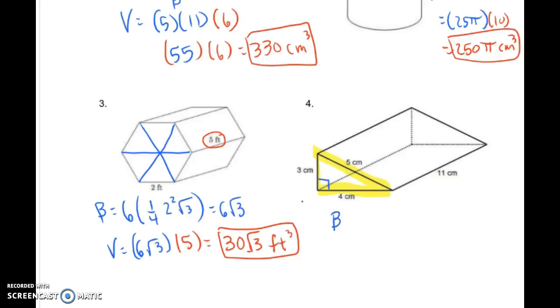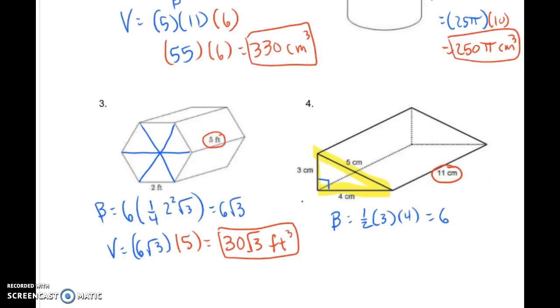So the area of my one base would be 1/2 of 3 times 4, which is 6. And then I multiply by the height, which again is the segment connecting the bases. Even though it doesn't look like a height, it is.